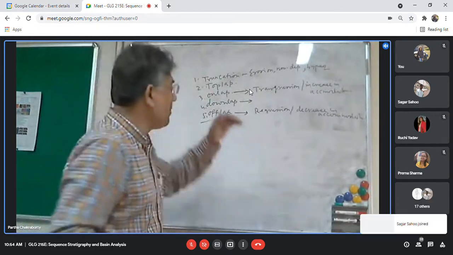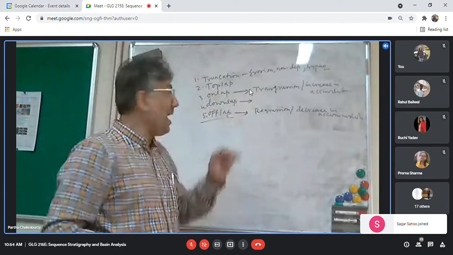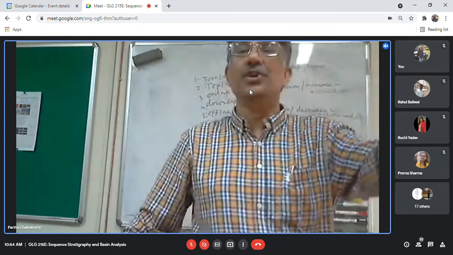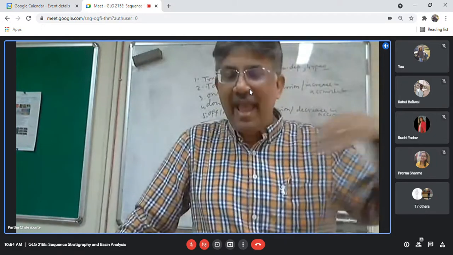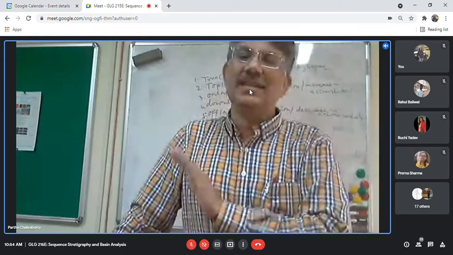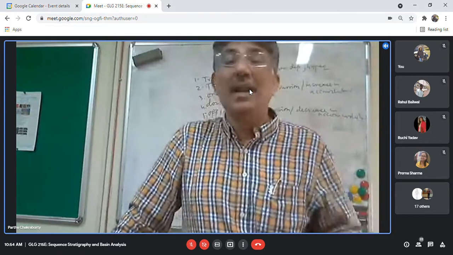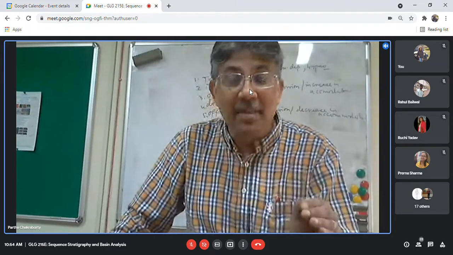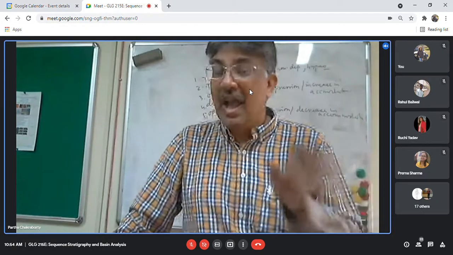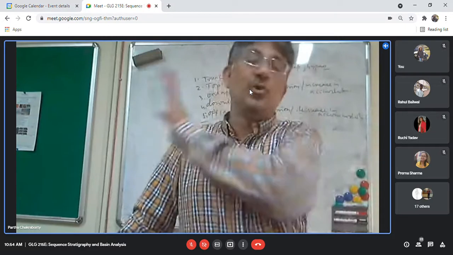So down lap is a non-committal surface. Whenever I get an on lap, I can interpret that a relative increase in accommodation is taking place, and there is a transgression. If I get an off lap, I can always say there is a regression and a net decrease in accommodation taking place. But I cannot say by a down lap that relative rise or relative fall in accommodation is taking place, unless I get other criteria to supplement my conclusion.